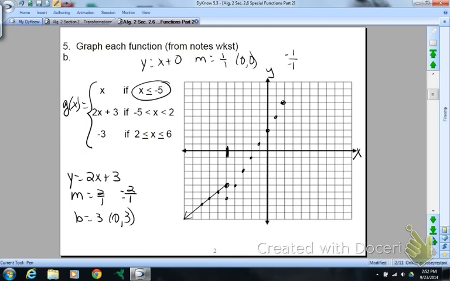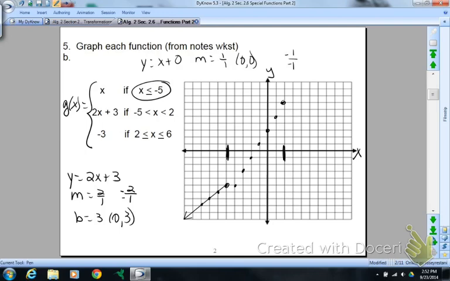Now, my boundary is negative 5 is less than x is less than 2, but we don't say it that way. How do we read this? x is between negative 5 and 2. So here's my boundary at negative 5 already, and here's my boundary at 2. They are both less thans. So are we going to have an open or a closed circle?